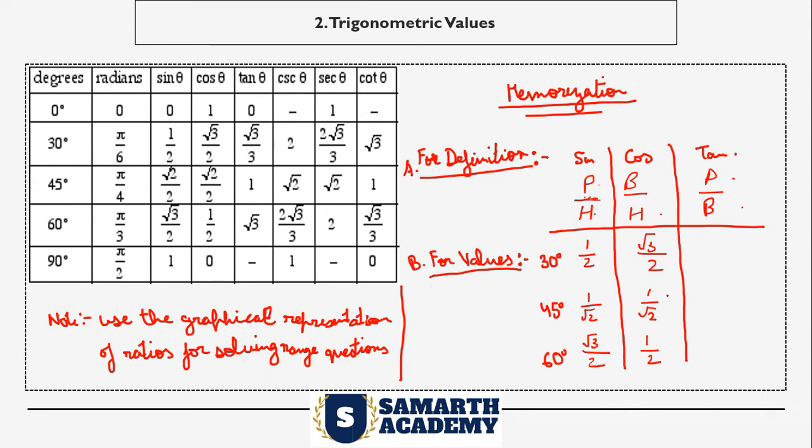So cos is this, and then for tan, 1, 1, root 3, and then in reciprocal we'll have 1, 1, root 3.